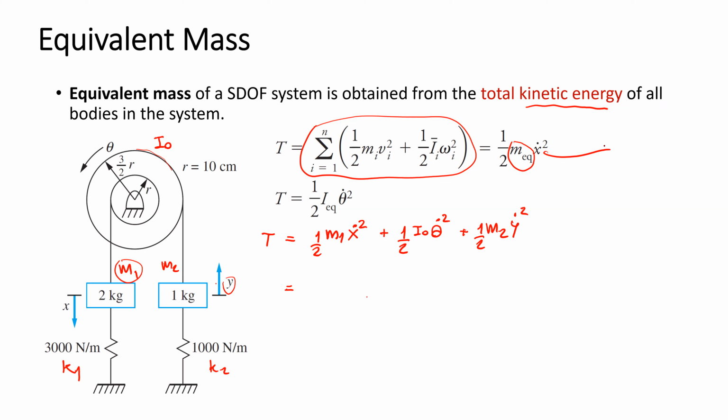If we select x as the generalized coordinate, x equals r theta, y equals 3/2 r theta, and the kinematic relationship between y and x is this.